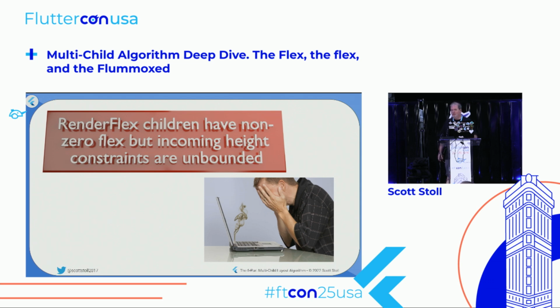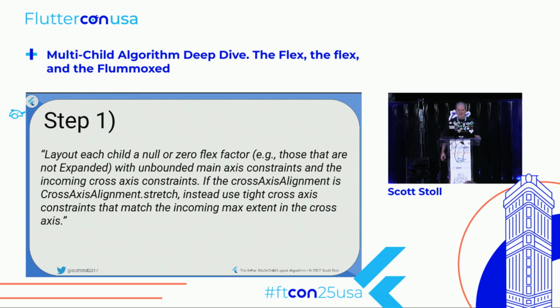So we're going to take a look at the 6-step multi-child layout algorithm, one step at a time, and I'm going to translate these steps into something a human being can understand. So step 1: lay out each child with a null or zero flex factor, for example, those that are not expanded, with unbounded main axis constraints and the incoming cross-axis constraints.